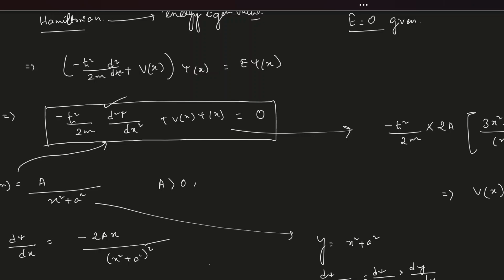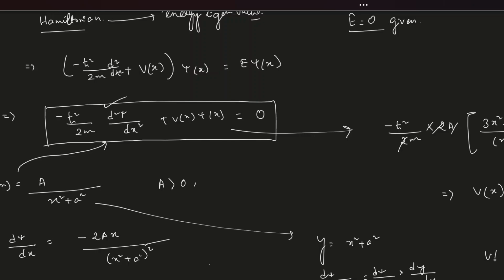So this is h cut squared times 3x squared minus a squared. This 2 and 2 cancel out, and this a and this a cancel out when you take this term to the other side. So this is x squared plus a squared whole cube, and vx also has this x squared plus a squared, so it gets multiplied on the other side.